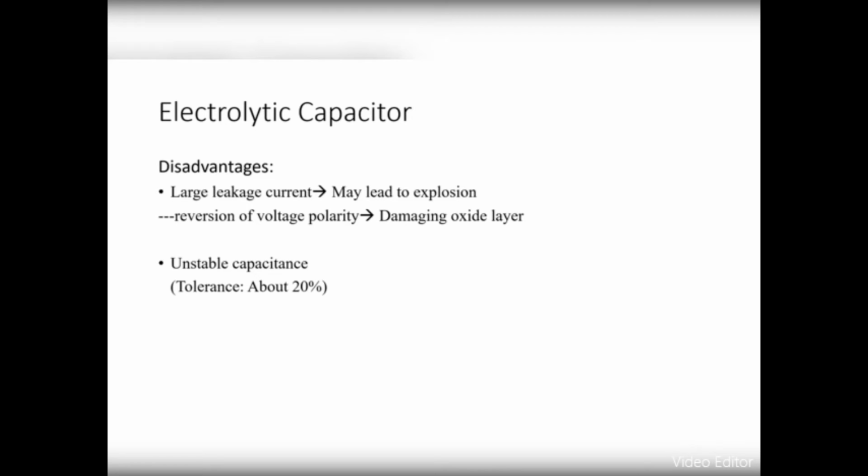Short circuit occurs between the two capacitor terminals, and large leakage current can be found. As a result, the capacitor may burst. The second drawback is unstable capacitance, as the tolerance of electrolytic capacitor is about 20%.